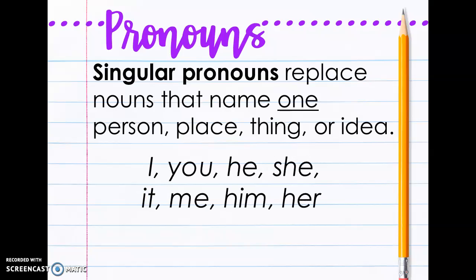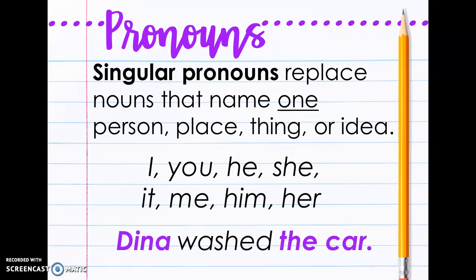For example, I, you, he, she, it, me, him, her. For example, Dina washed the car. We can replace Dina with she, and we can replace the car with it.